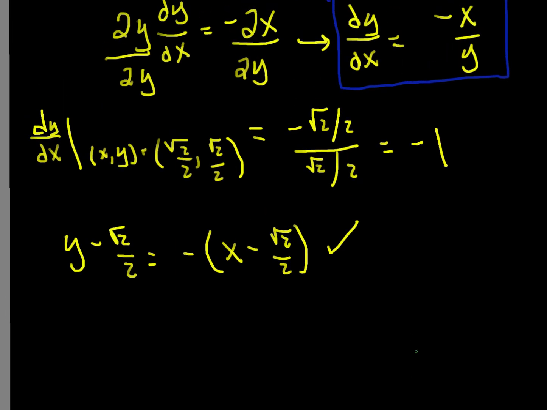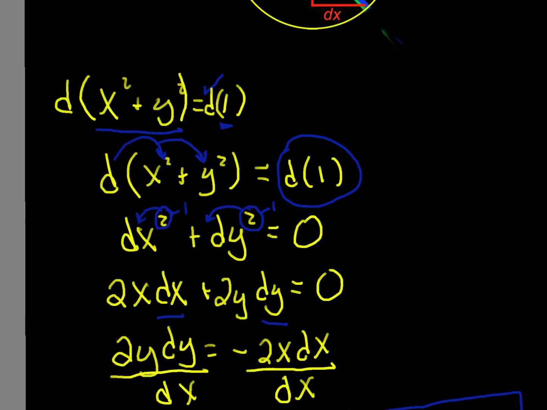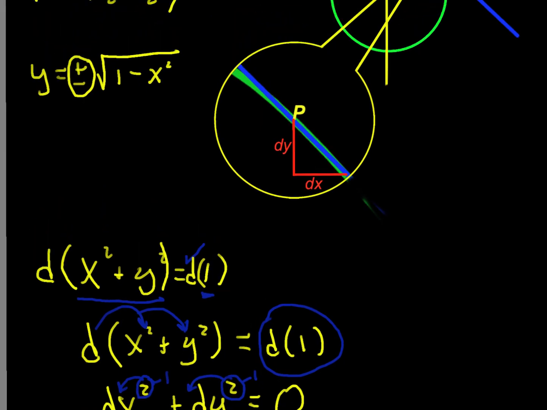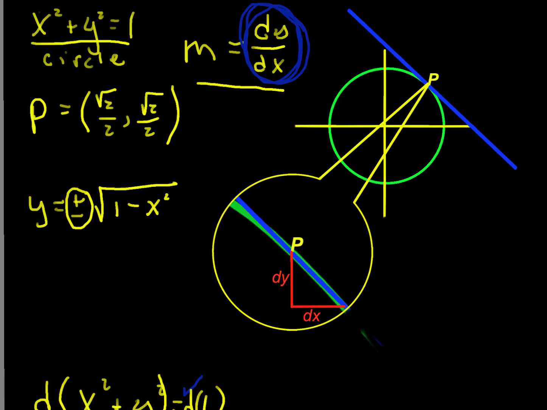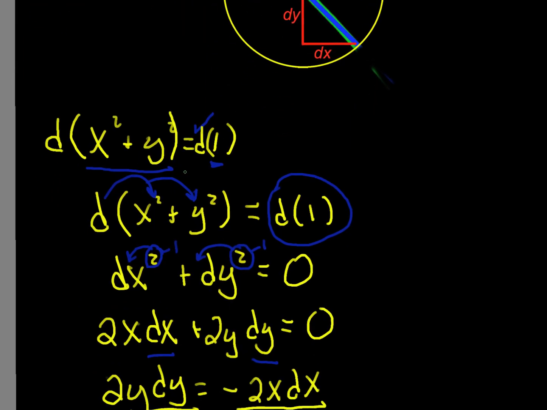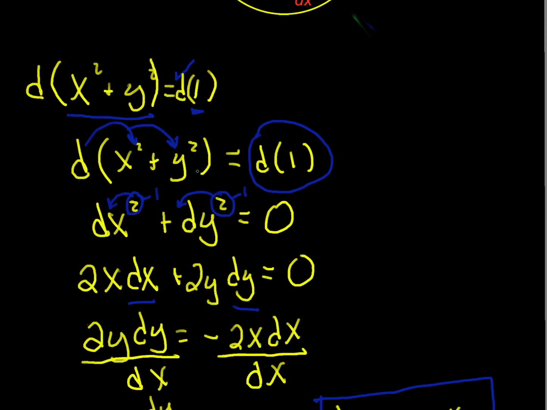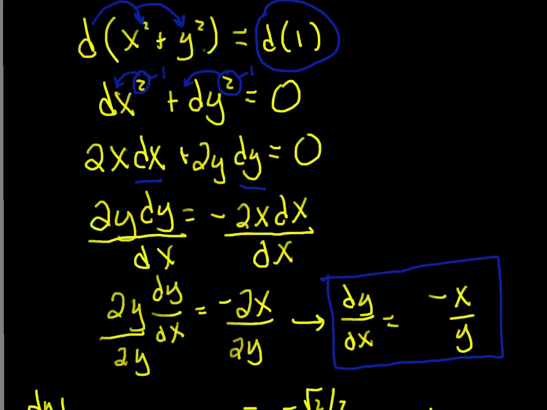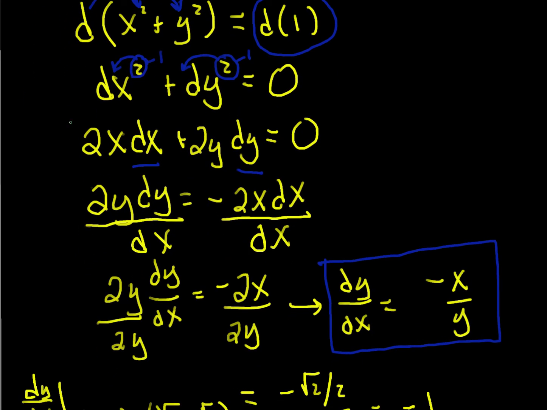So again, let's recap. What did we do? We wanted to know the differential of y with respect to x. We wanted to know dy dx. And we had the relationship x squared plus y squared equals 1. And so we took the differential of both sides and we used our known differential rules to get ourselves to an equation in which we just had dx, dy, and then maybe some x's and y's running around.